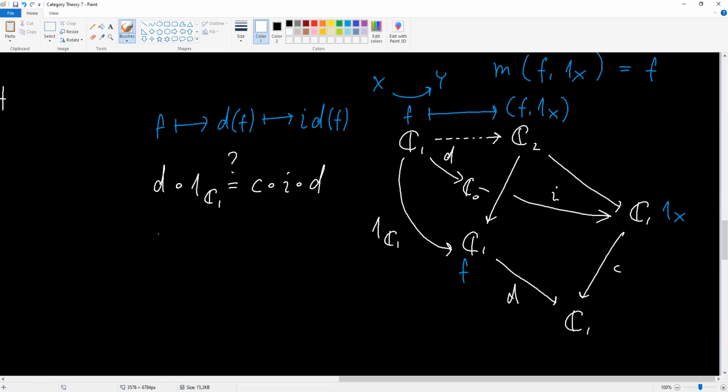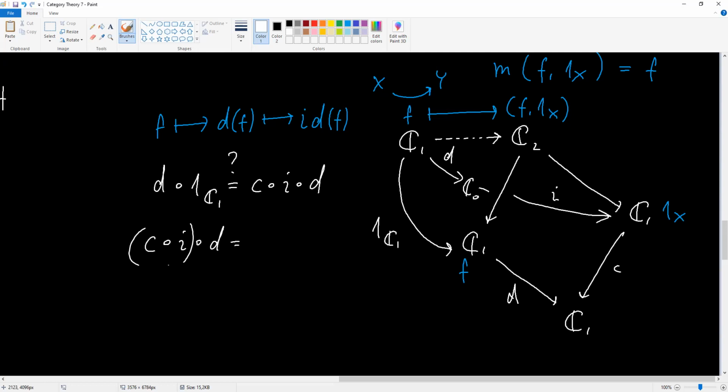So let's compute the left-hand side. Well, maybe we compute the right-hand side first and then arrive at the left-hand side. So what is this composite? This is C. Originally, it was like this, right? But the bracket doesn't matter because composition is associative. So if I put brackets this way, I get C composed with I.